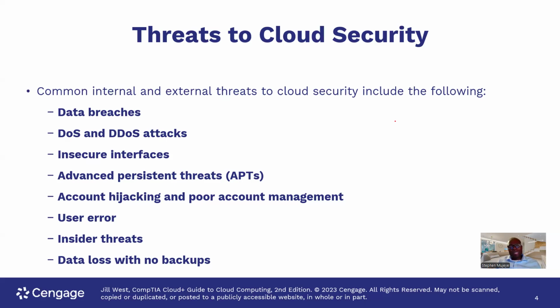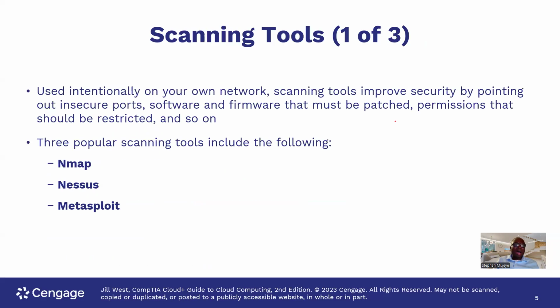So you can't really trust anyone, including the insiders. And then there is the data loss with no backups. That is a threat. Now, there are scanning tools that can be used to improve security within the cloud environment.